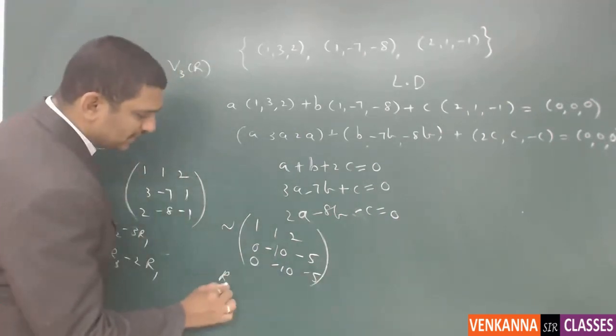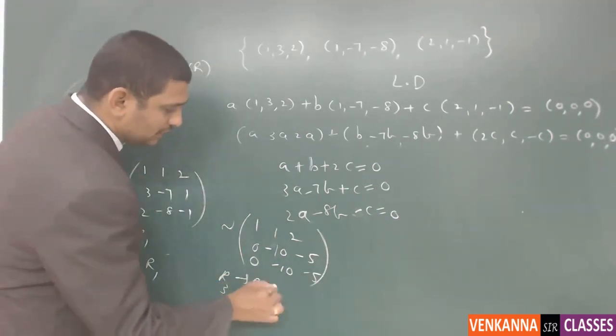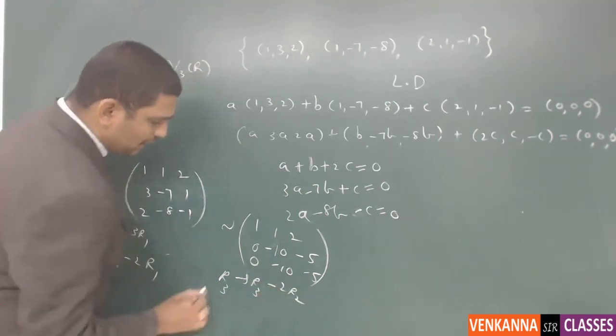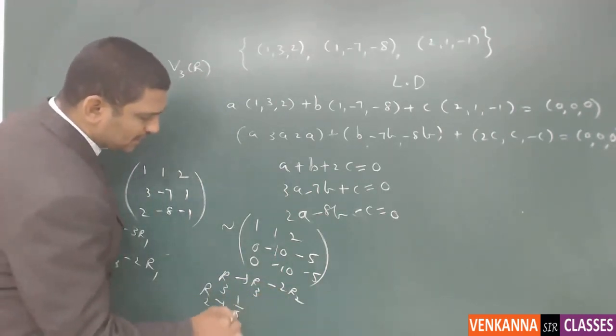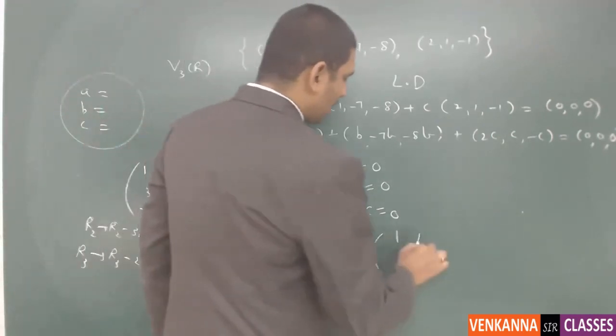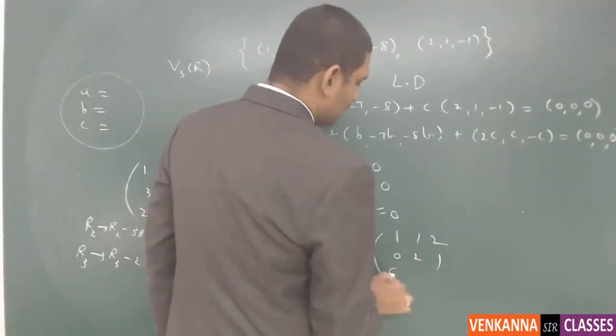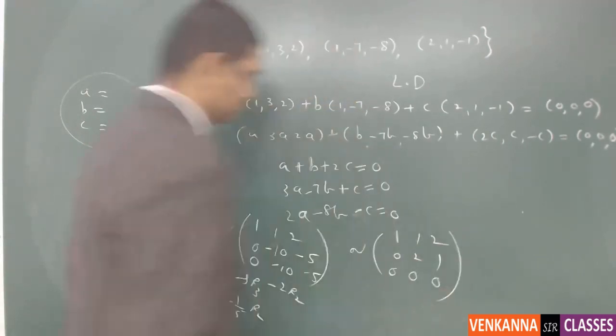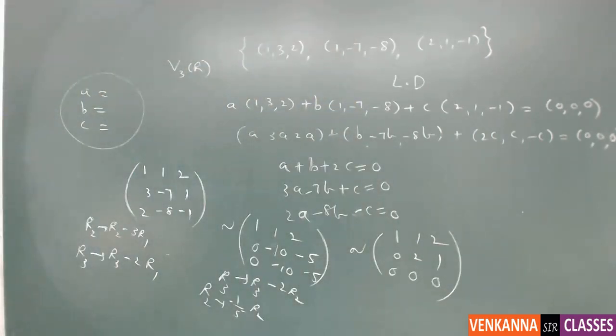From this you can say R3 tends to R3 minus R2, and R2 tends to minus 1 by 5 R2, which is equivalent to 1, 1, 2, 0, 2, 1, 0, 0, 0.